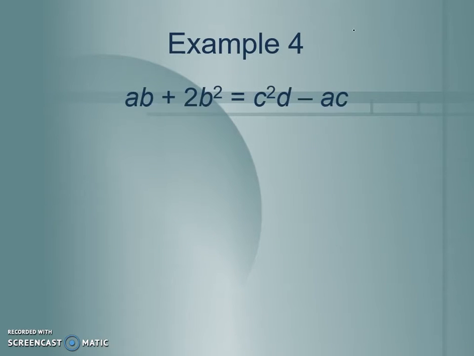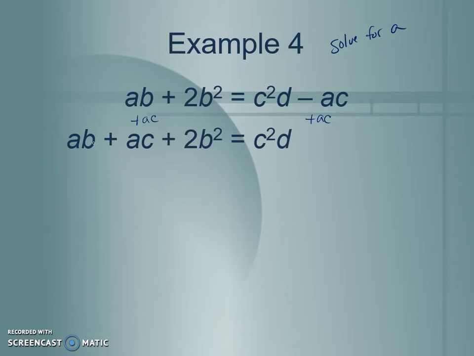So remember, we're still solving for a. So now I notice that my a's are on opposite sides. So I'm going to go ahead and add ac on this side so that I can add it on this side. I have ab plus ac plus 2b squared equals c squared d.